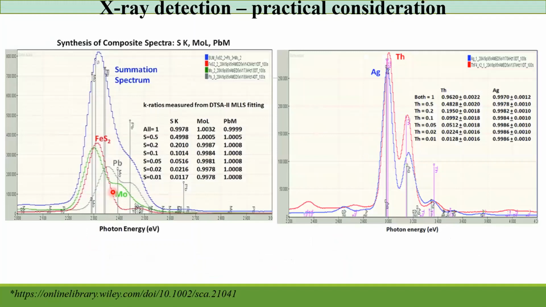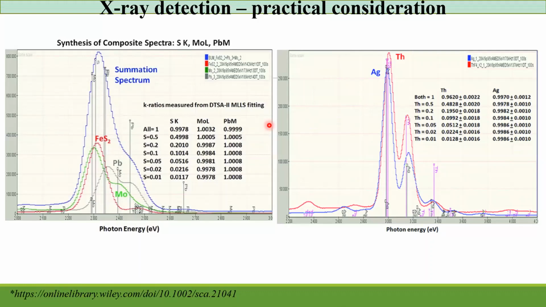So this is one research paper which I came across. They have iron disulfide, lead, and molybdenum. All these lines have some coordinated points within this region, and they got a summation spectrum instead of a single iron, lead, or molybdenum. So they use some software.